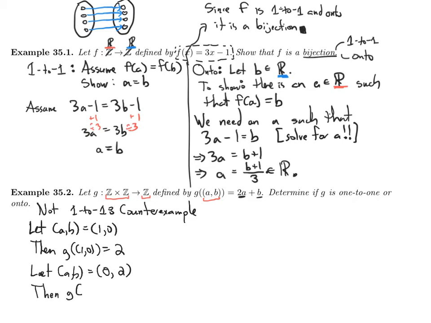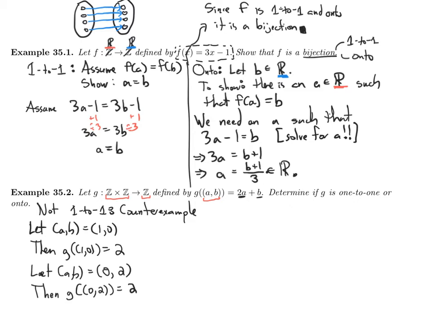Then g of 0, 2 is indeed 2 times 0 plus 2, which is 2. So we have two non-equal elements in our domain, 1, 0 and 0, 2. When we plug them into our function, we get the same output, 2. So this is not a 1-to-1 function.